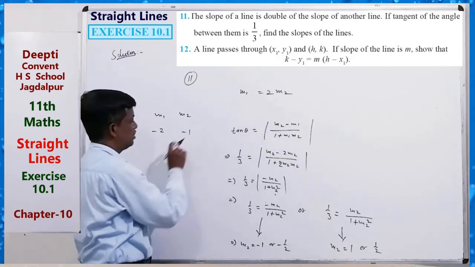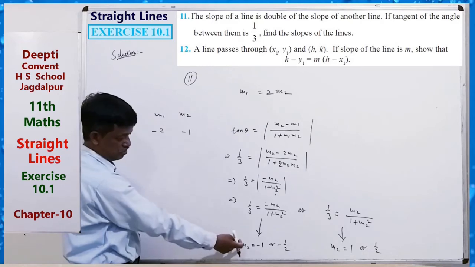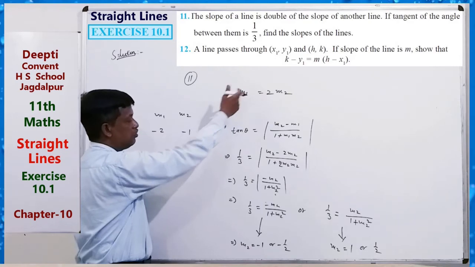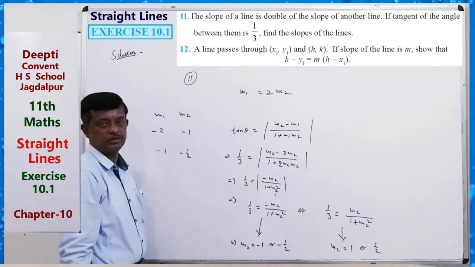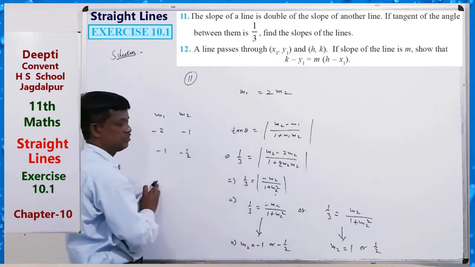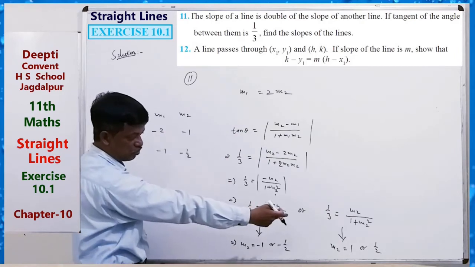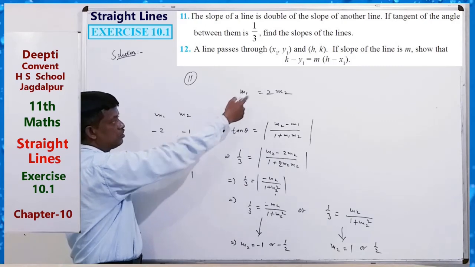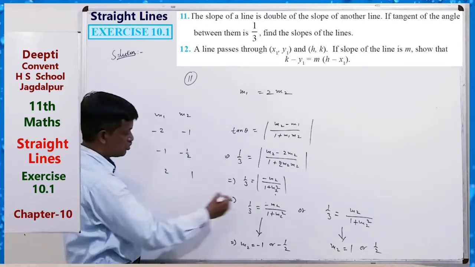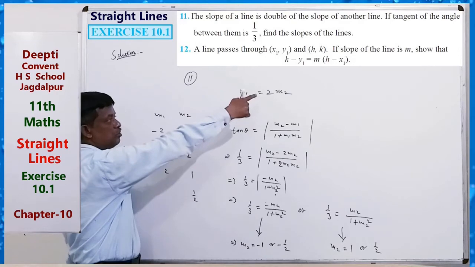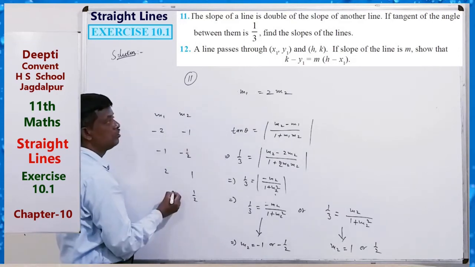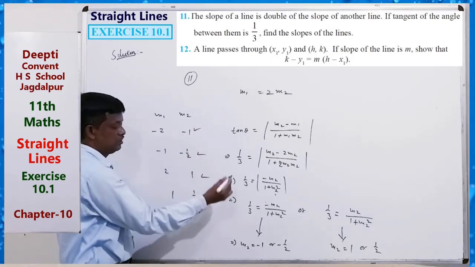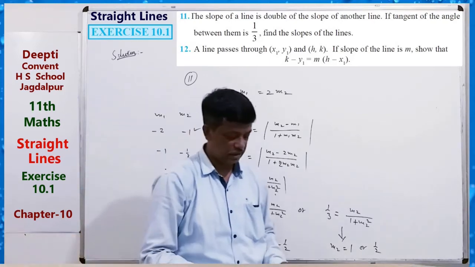If m2 equals minus half, then m1 equals minus 1. If m2 equals 1, then m1 equals 2. If m2 equals half, then m1 equals 1. So either solve this or this or this or this. So this is our answer.